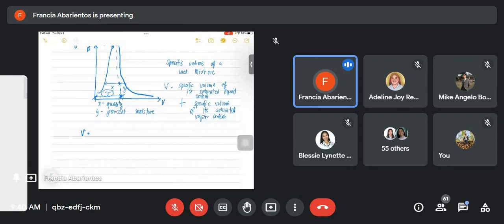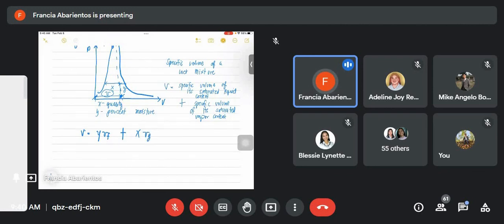So, equal naman siya, class, yung percent moisture natin times the specific volume at the saturated liquid content plus yung quality natin, wherein it is the specific volume at its saturated vapor.